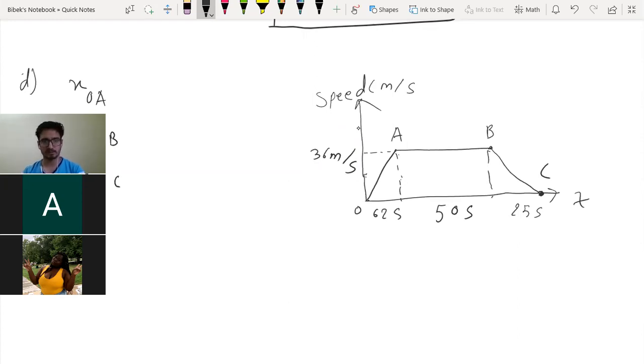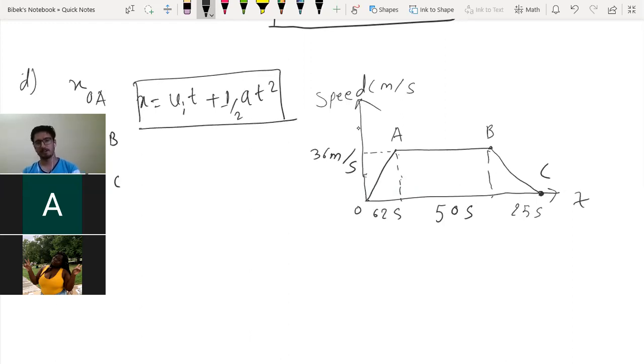You use the equation of kinematics: distance equals the initial velocity times time plus half a t squared. You have the acceleration for all three intervals. For this interval the acceleration will be 0, and for the other two you have already found the acceleration and you have the time, so you can find three distances, add them, and find the total distance.